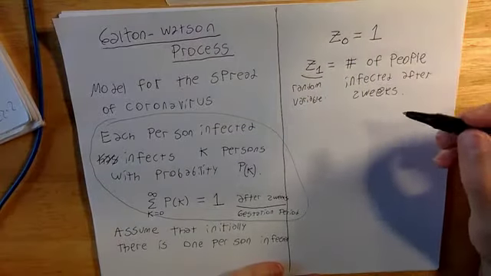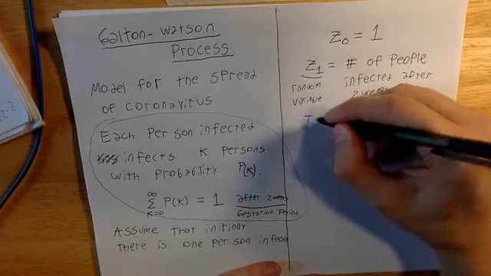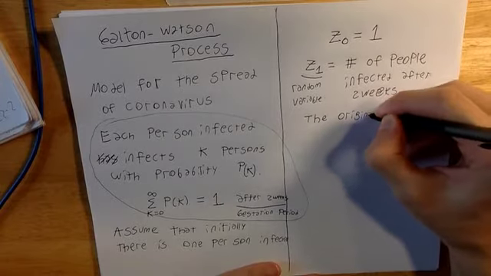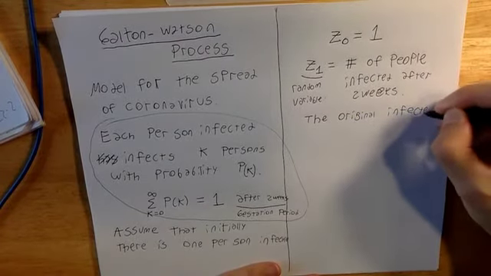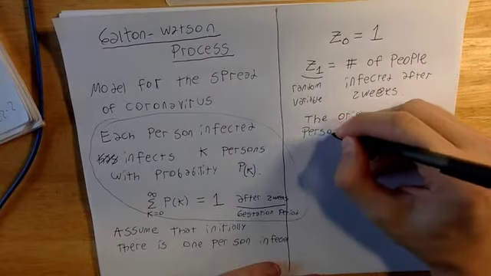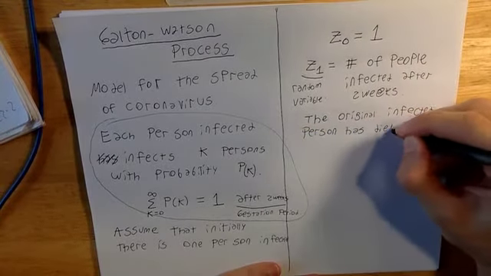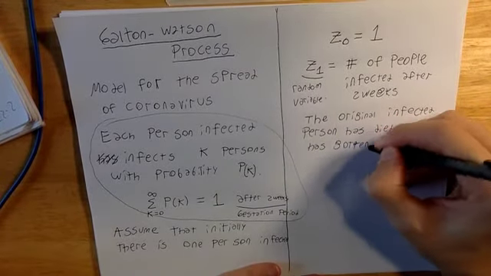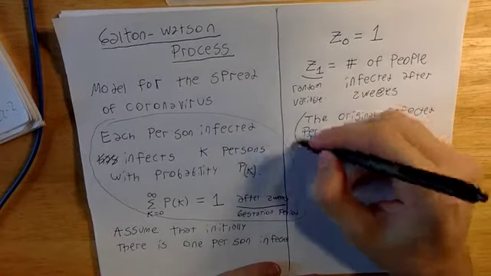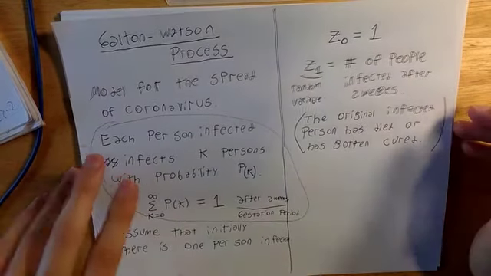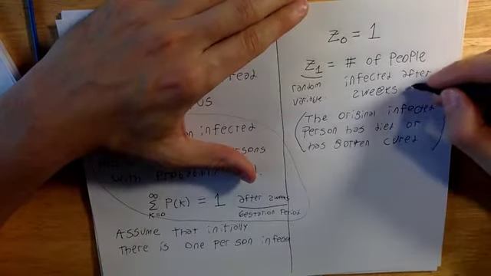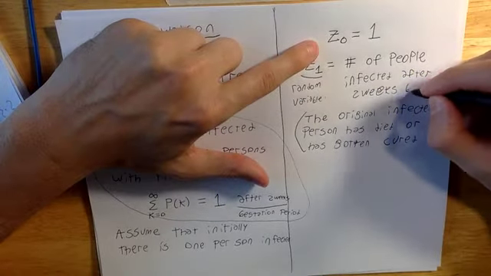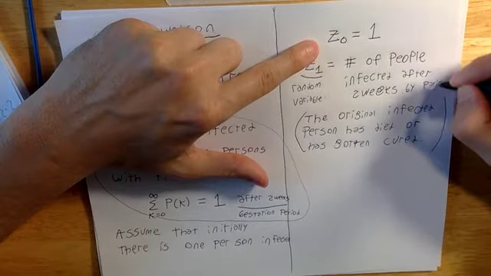Here we are going to assume that the original infected person has died or has gotten cured. So zeta 1 is the number of people infected after 2 weeks by patient 0.